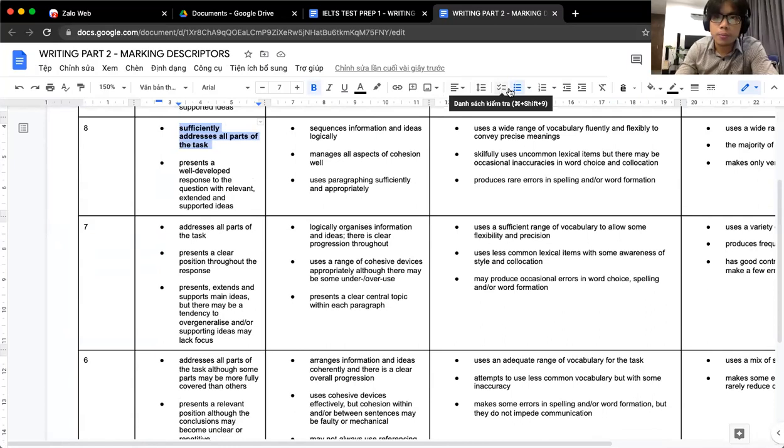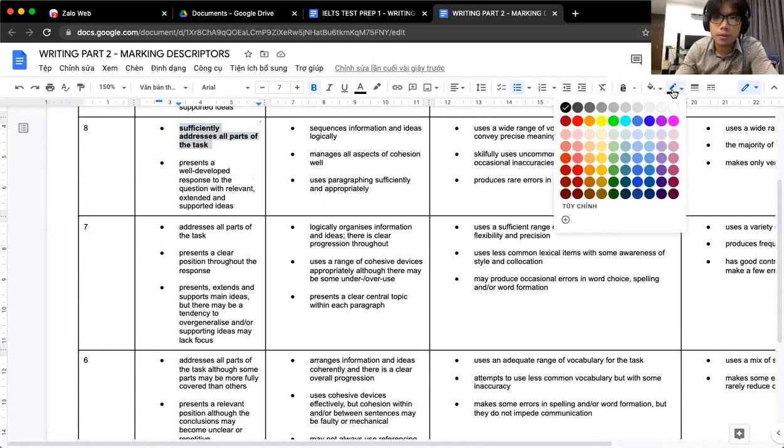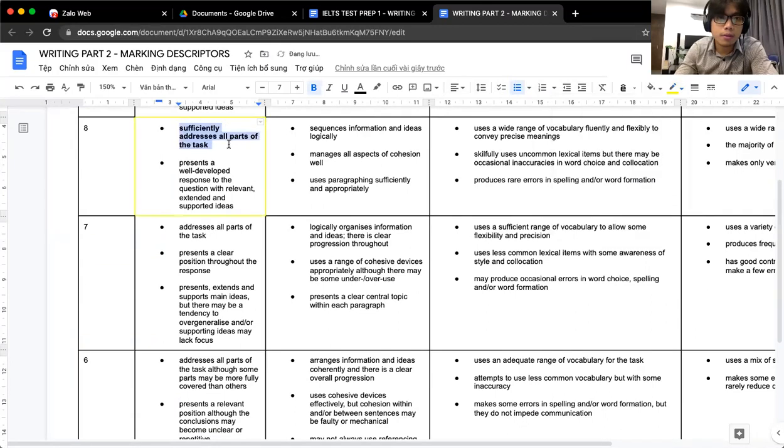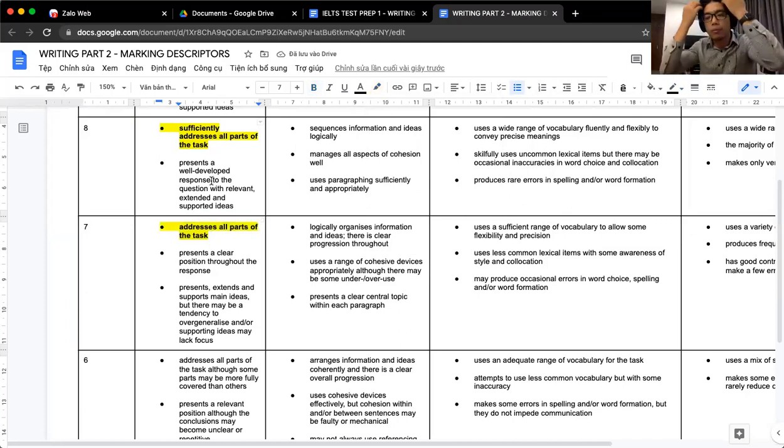Sufficiently addresses all parts of the task, or you address all parts of the task. So what does this mean? This means you have to answer and discuss the two parts of the problem. That's why I'm quite against writing a one-sided argument, where you only focus on one side.